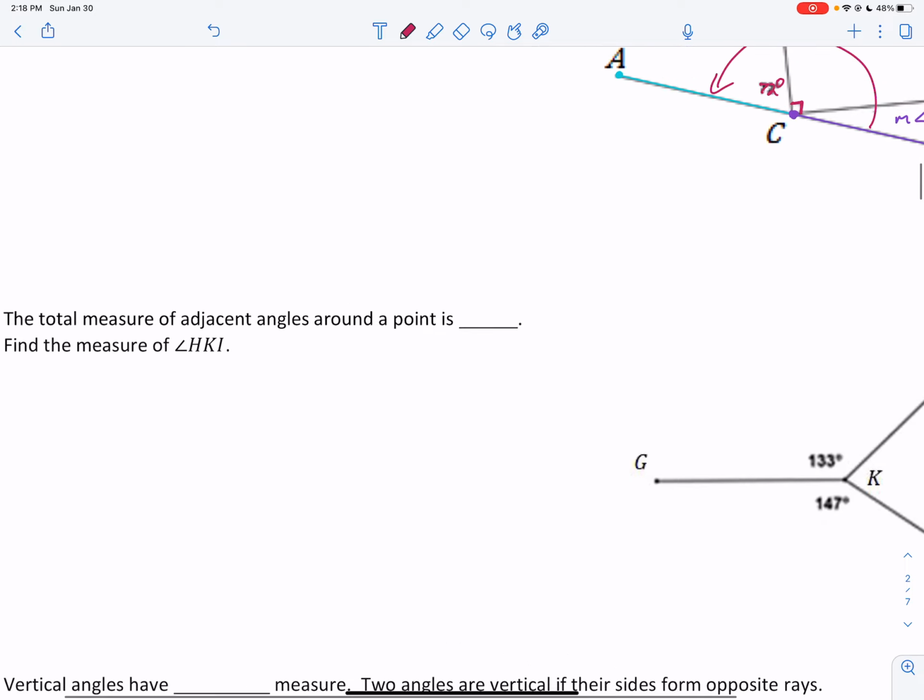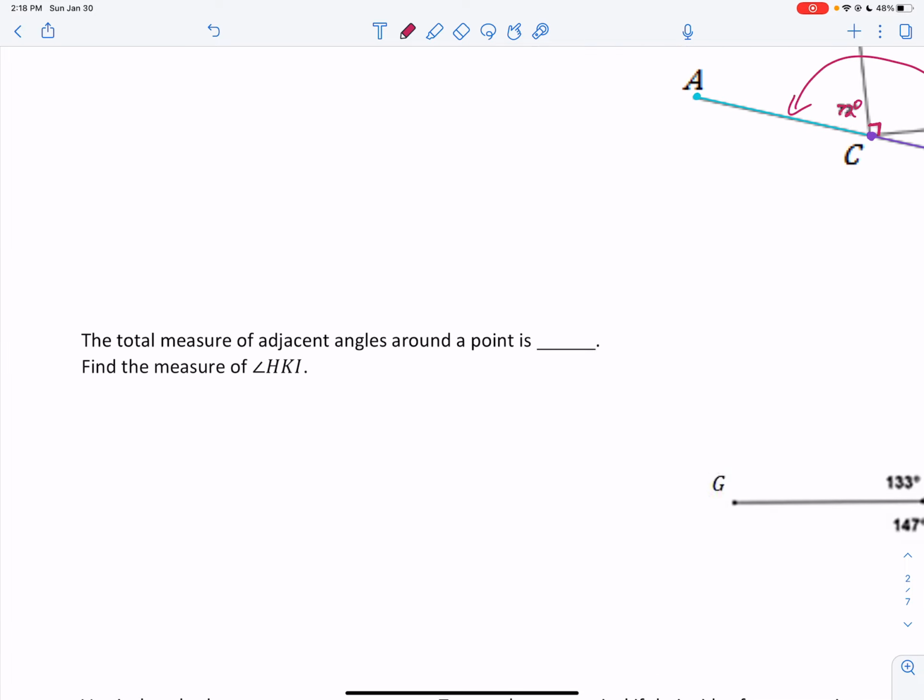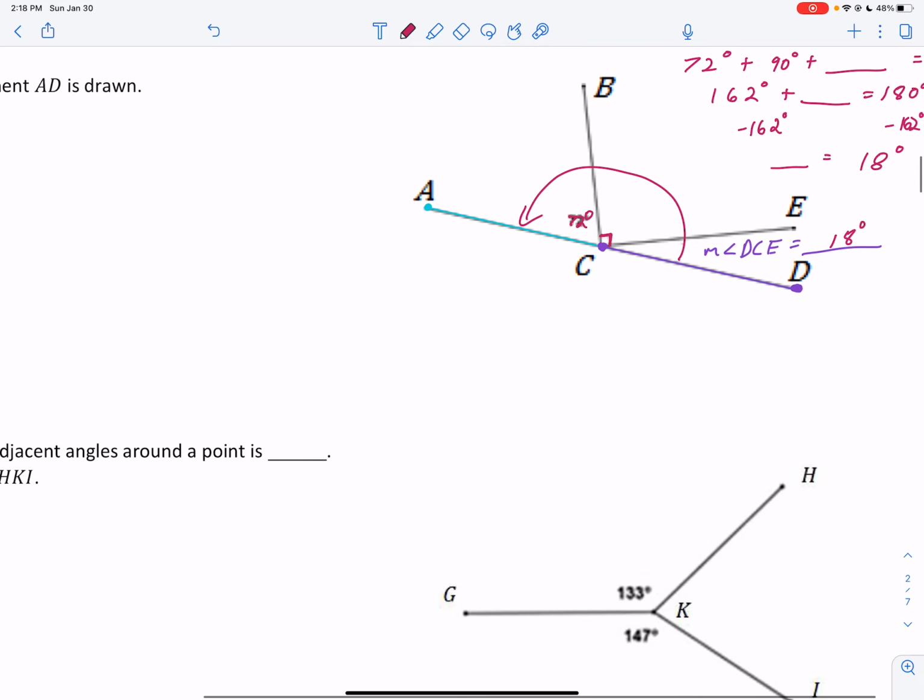And all of these are going to use the same thing. So the words that I would use would be that my consecutive angles are supplementary. So they must sum or add to be 180 degrees.